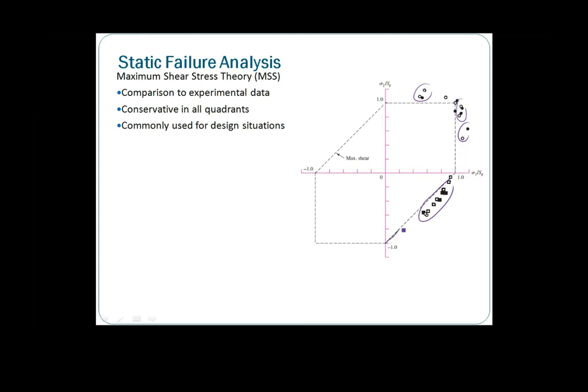Because we are saying that this is our line, anything inside here does not fail, and anything outside here fails, but there is a gap between these two. Our failure actually happened slightly away from this line. So we are saying that it's conservative in all quadrants. So it's good for design.